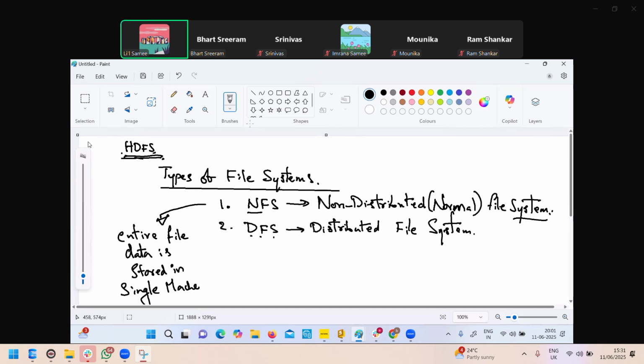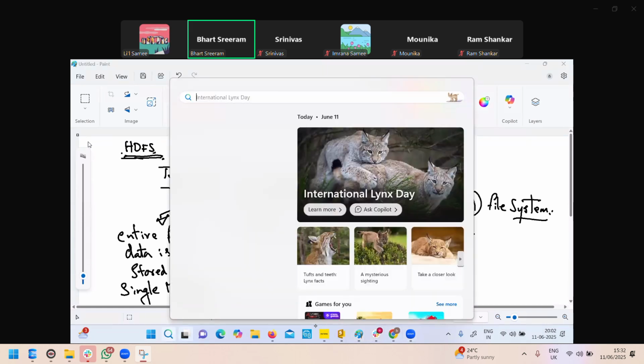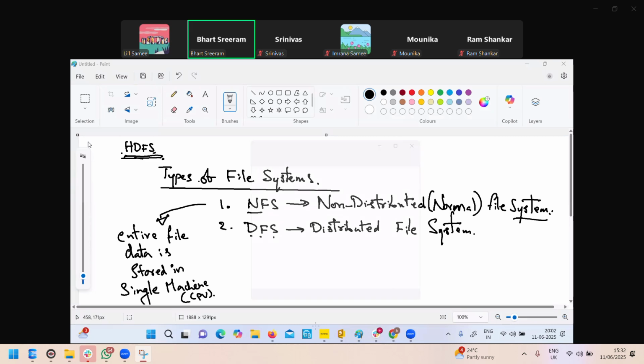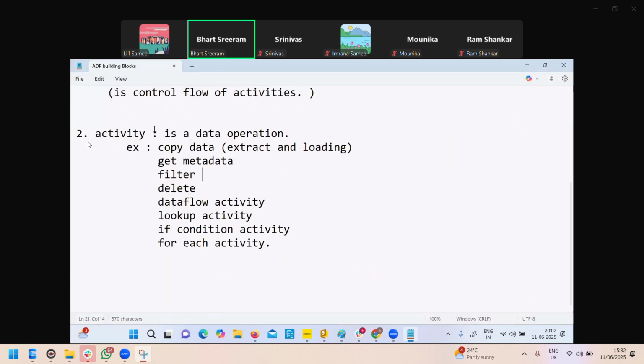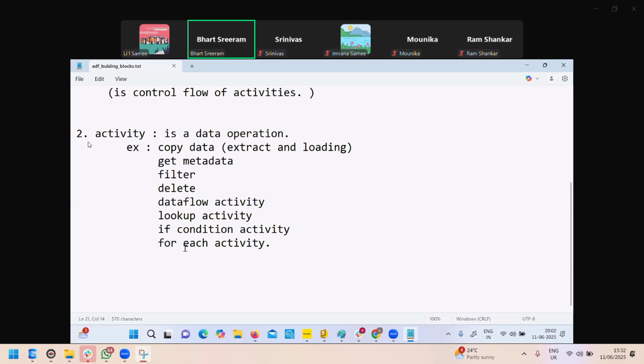Suppose I create a notepad file and save it, with the file name building blocks. Where is this file stored?